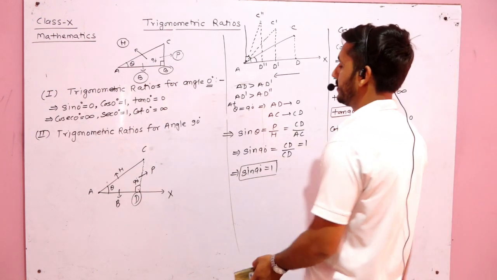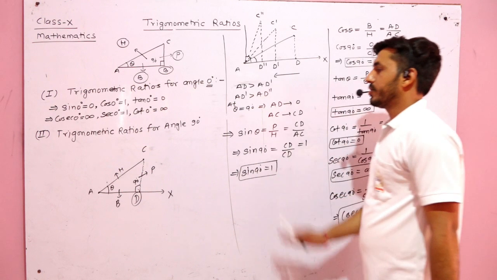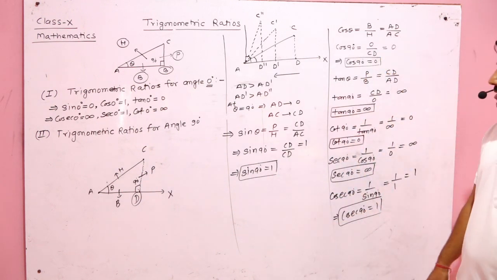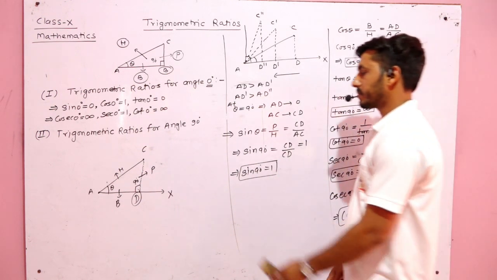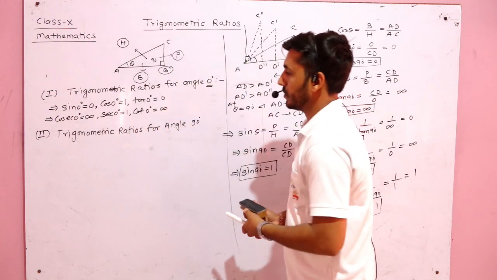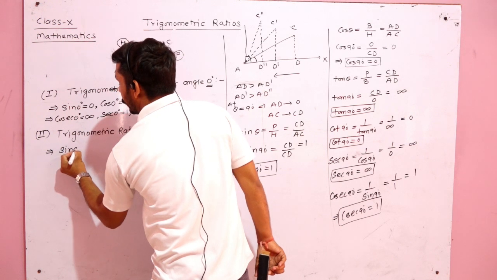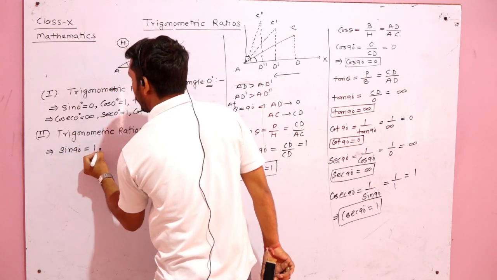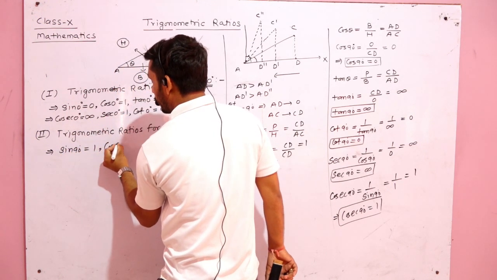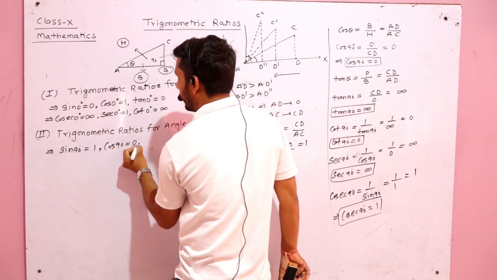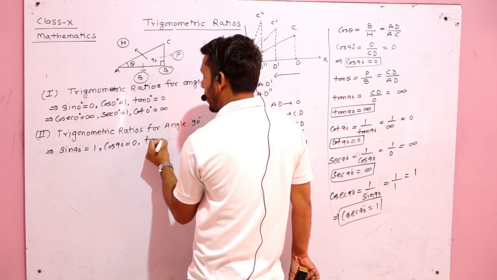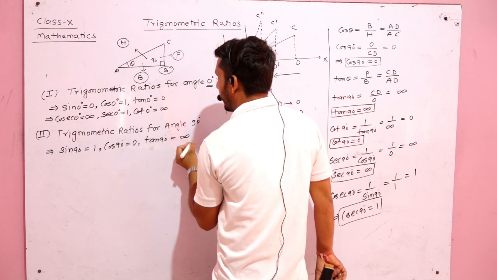Then we can write these 6 trigonometric ratios together. First you have to note down. First one is sine 90 degree, it is equal to 1. Second one is cos 90 degree, it is equal to 0. Third one is tan 90 degree, it is equal to infinite.